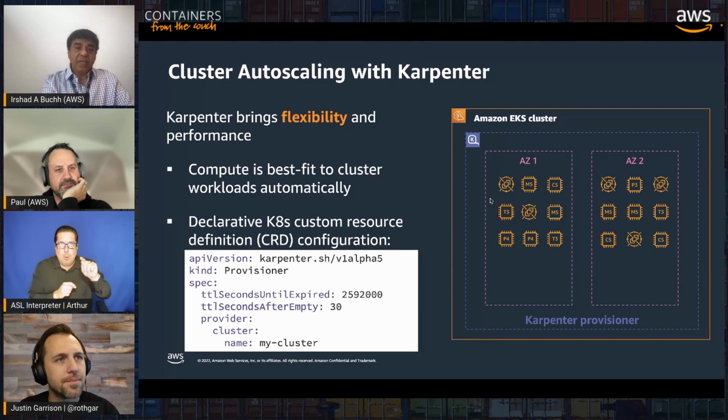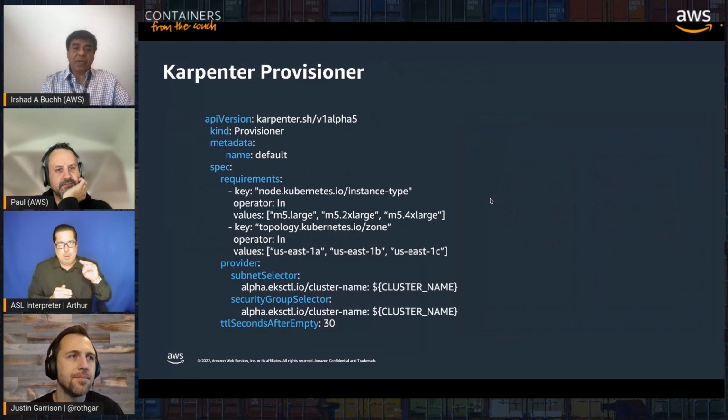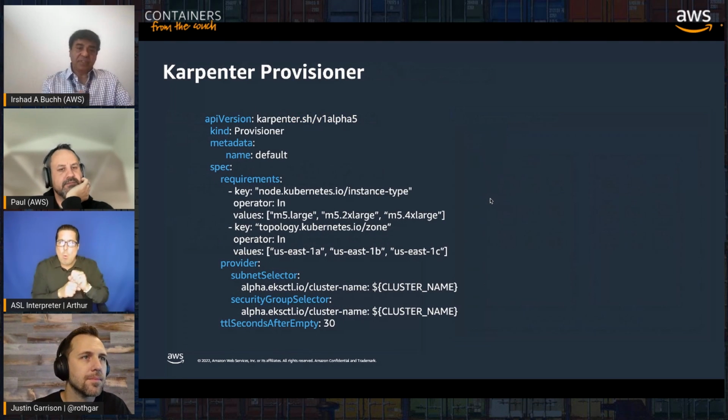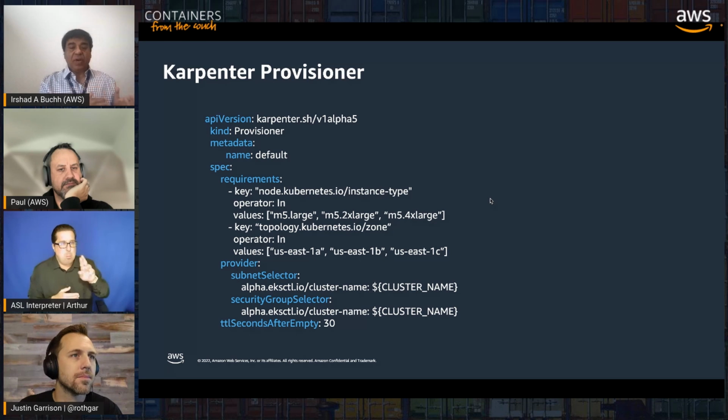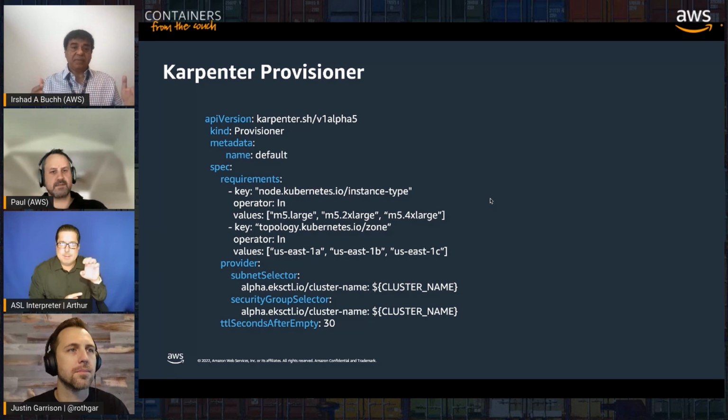So let's show you a provisioner with some of the requirements. So here we have choices. Let's say your workload, like Paul mentioned, has the requirements of certain specific compute instances. You can define those instance types. So let's say we have about 400 plus different types of compute instances.